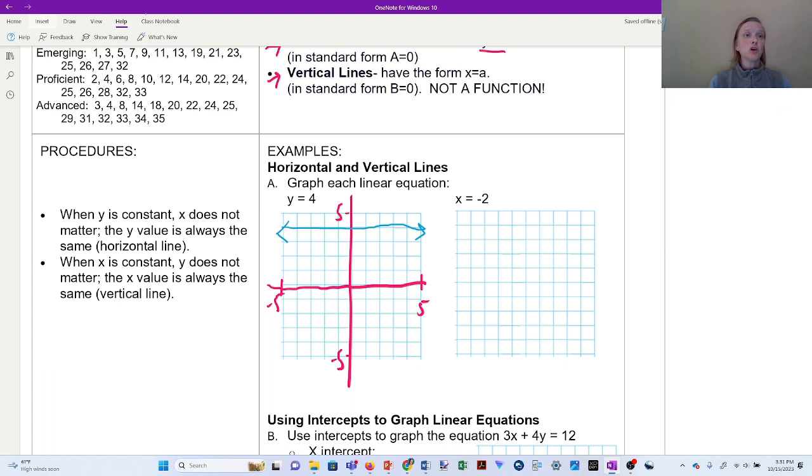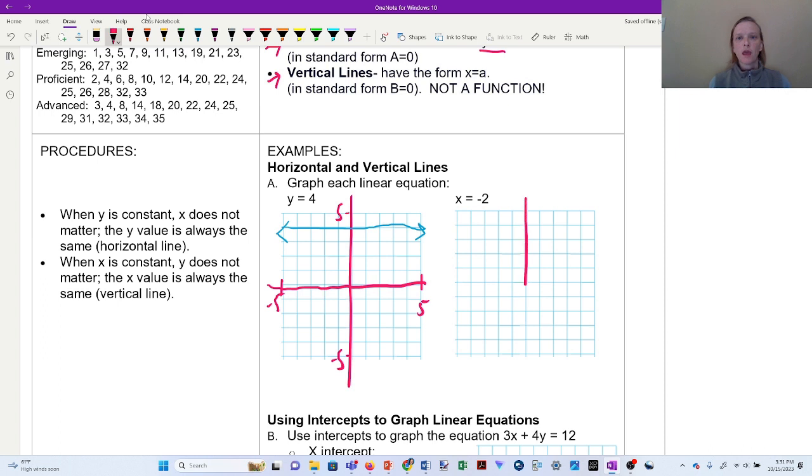On the other hand, when we have an equation in the form x equals negative 2, that means x is constant no matter what the value of y is. So again, if I just use the same markings on my axes here, this is positive 5, this is negative 5, then here, according to this graph, x is always negative 2 no matter what happens with y.